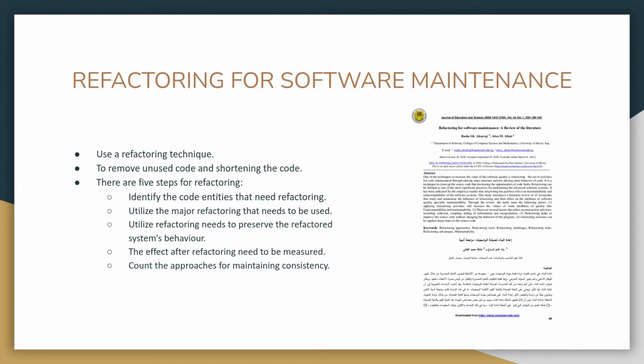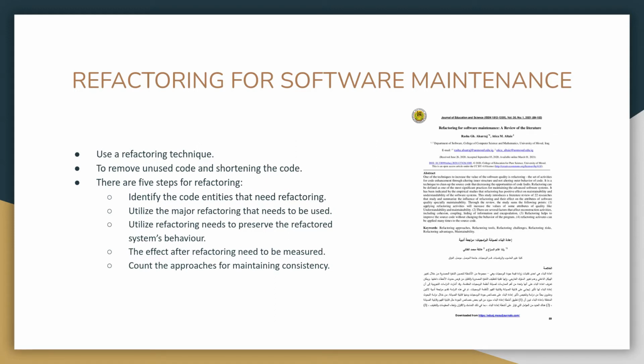The second step is to utilize the major refactoring that needs to be used. After that, the utilized refactoring needs to preserve the refactored system's behavior. Every refactoring needs to follow its post conditions and preconditions. Next, the effect after the refactoring process needs to be measured.